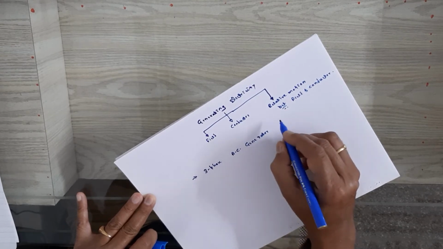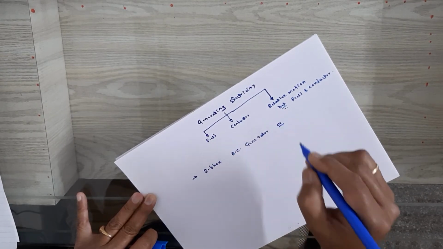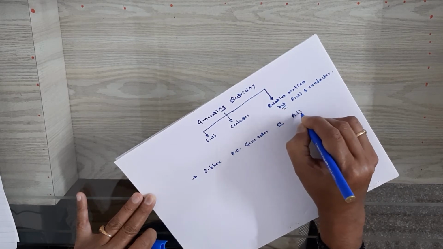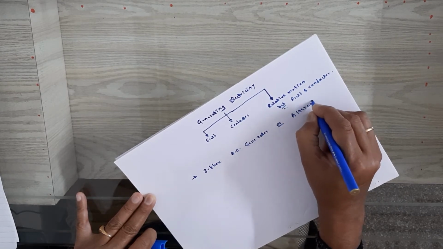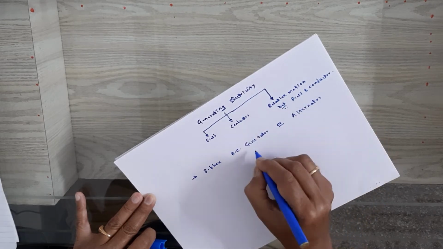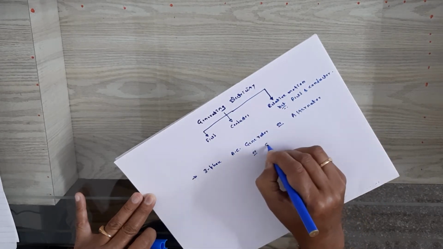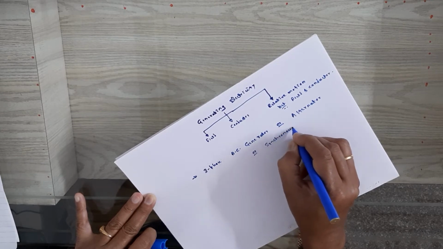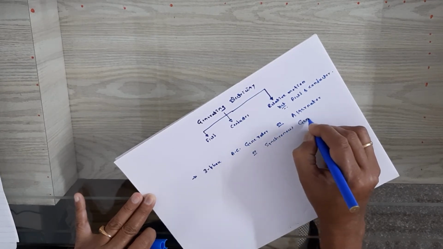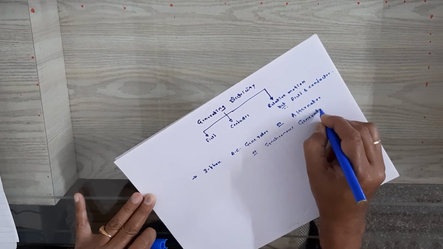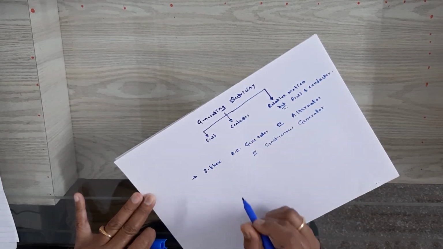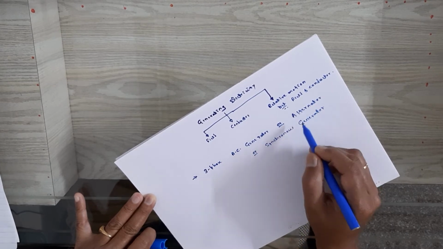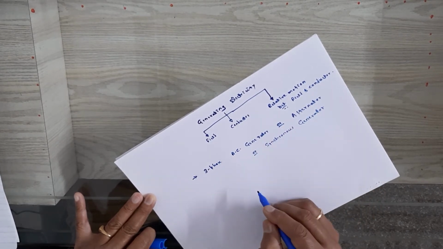Also, it is called an alternator, or it is also called a synchronous generator. It's one and the same. That is, you are generating three-phase electricity with a three-phase AC generator, or a three-phase alternator, or a three-phase synchronous generator.